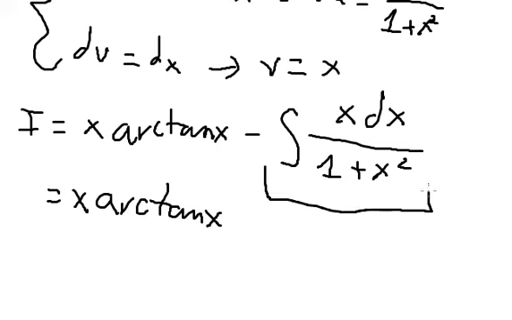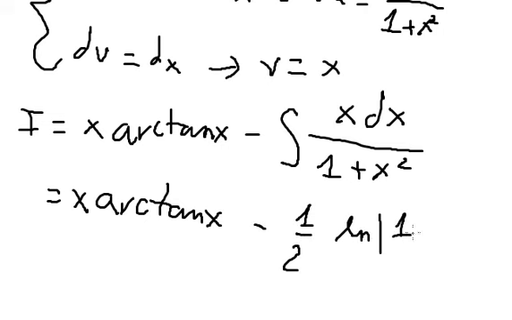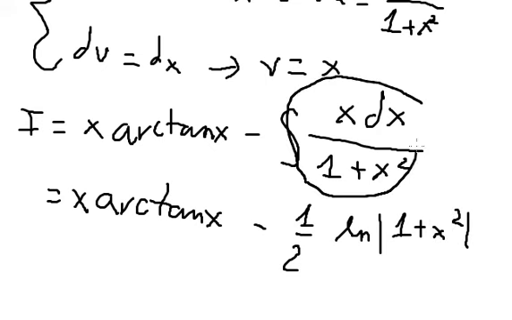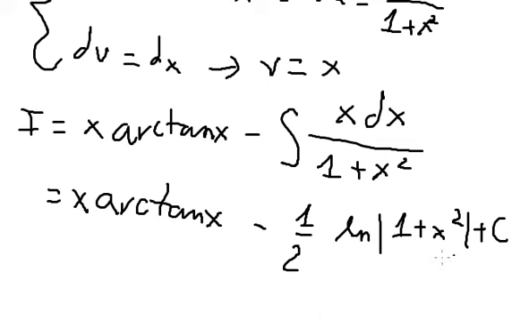The integration of this one is 1 over 2 ln of the absolute value of 1 plus x squared, because if we take the first derivative of this one, you return back to this one with 1 over 2. And we put plus c.